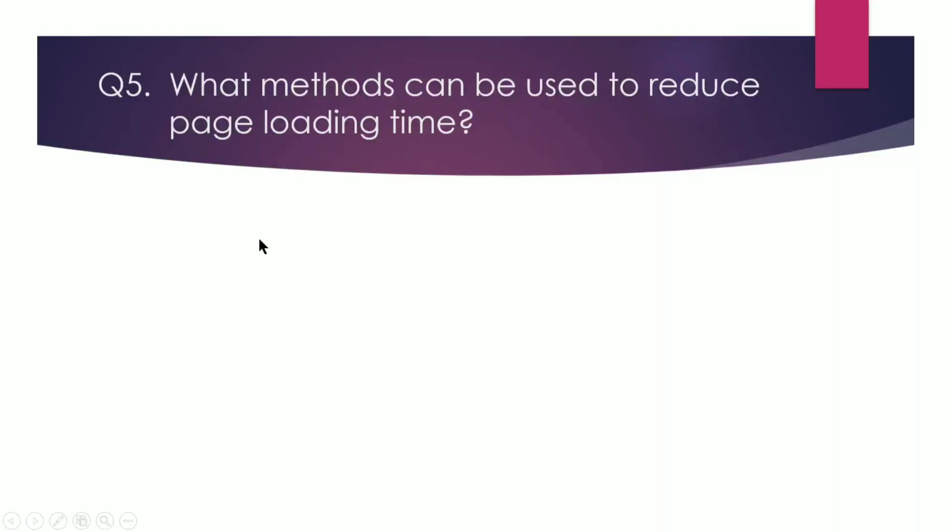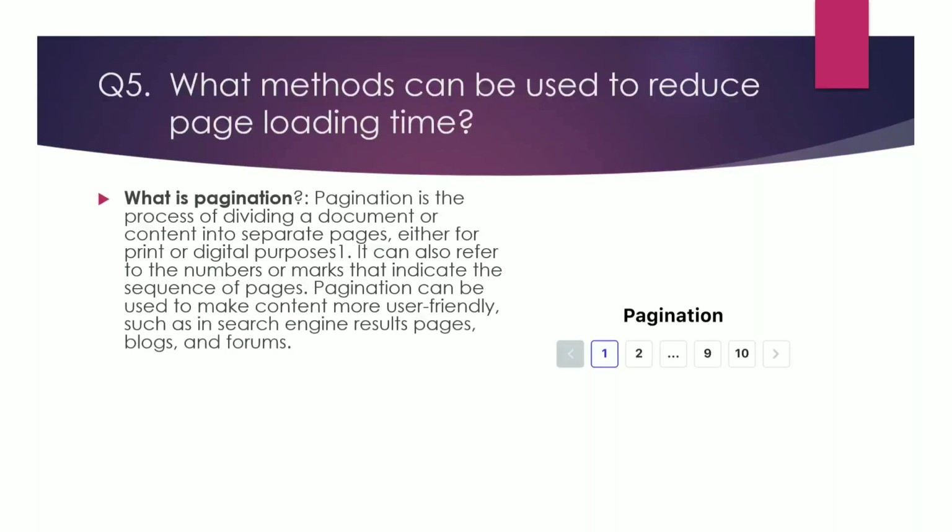So the next question we have is what methods can be used to decrease page loading time? Oh, actually it is a repeat. In this particular page, we actually want to display the importance of pagination. Okay, so pagination is the process of dividing a document or content into separate pages.